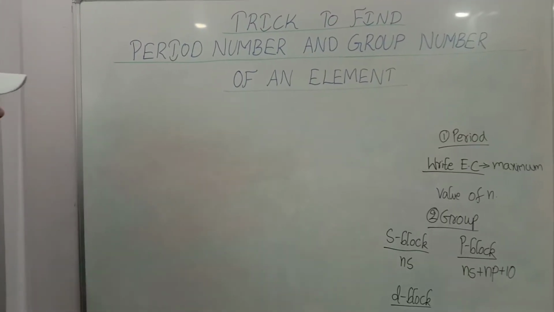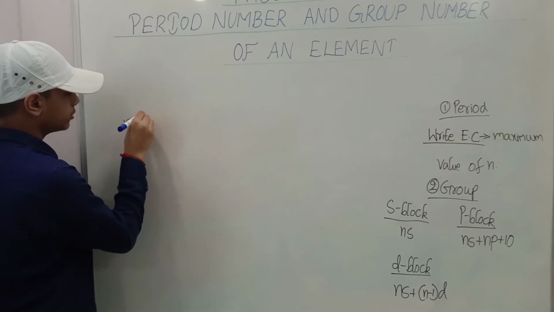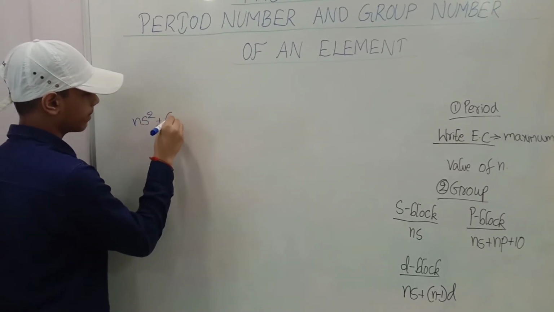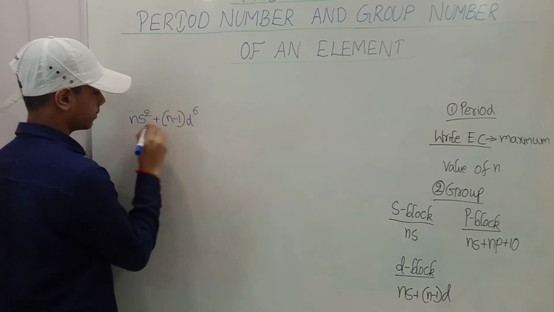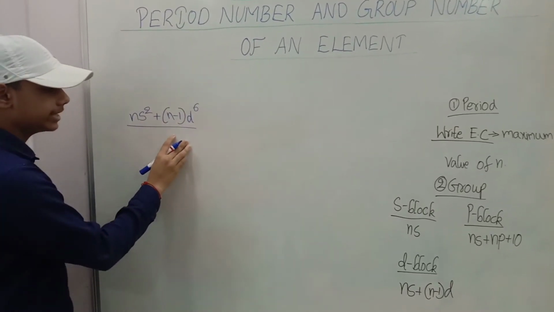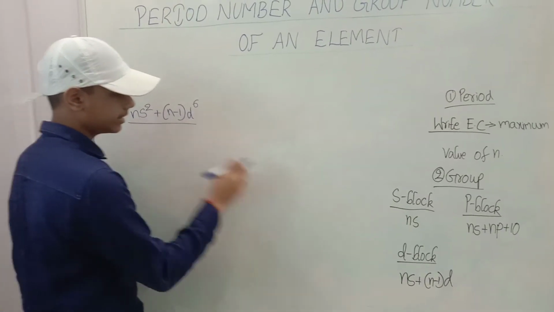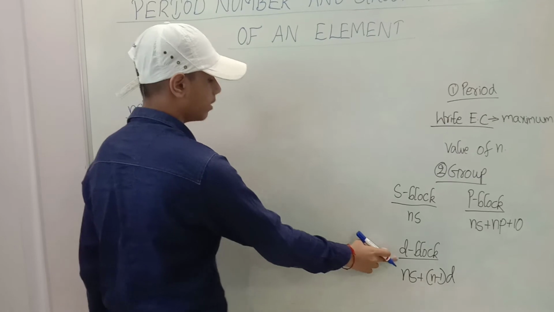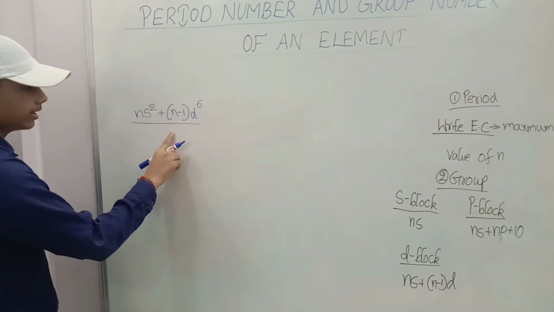The next example is to find the group number for ns2 (n minus 1)d6. By seeing this, we can say that this element belongs to the d block, because we can compare this and this, and we get the formula for the d block. So this element belongs to the d block. Now let's find the group number.